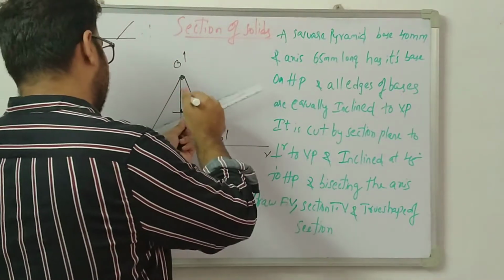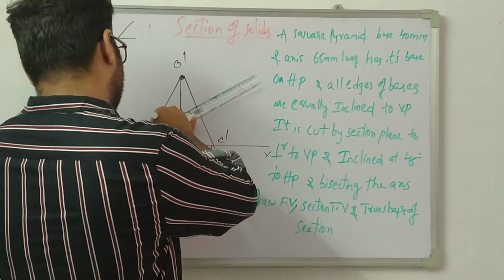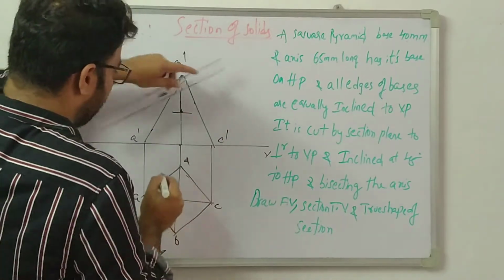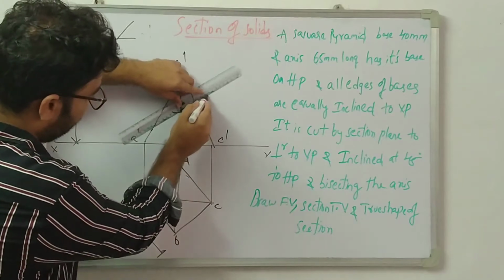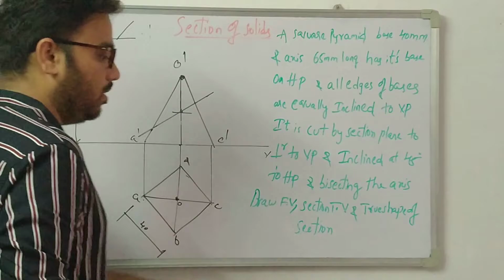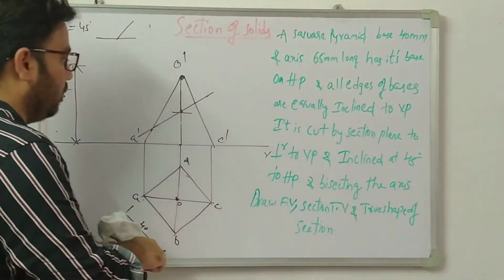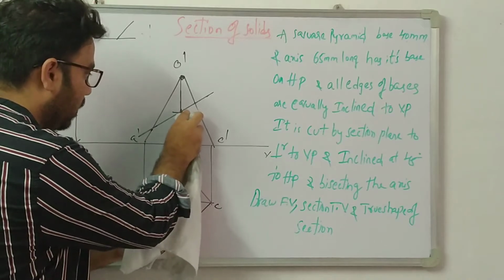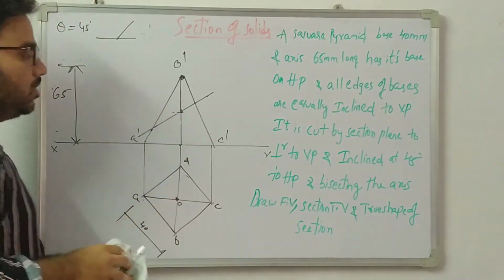So I am taking the scale, selecting 2 points, and drawing a 45 degree line. For reference purpose I drew this small line. Don't draw this line. This is a horizontal line.